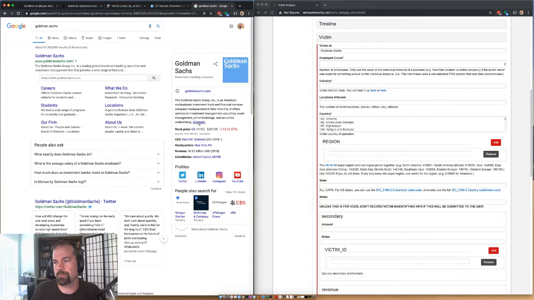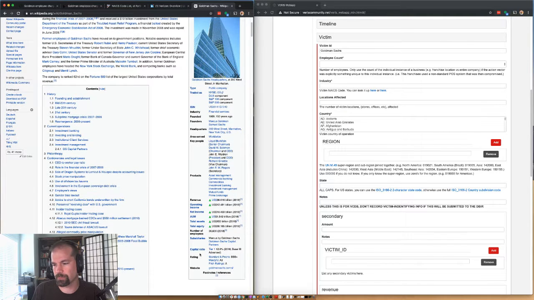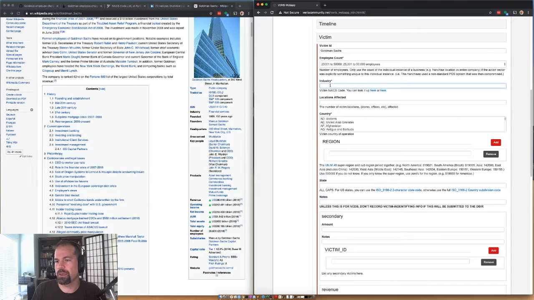Let's see. The Wikipedia article may tell us. Revenue, number of employees, 36,000. And we don't need to know exactly because we're talking in ranges. And so this sounds like 25,000 to 50,000.